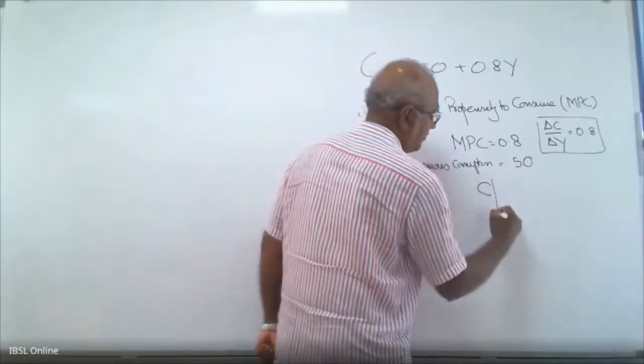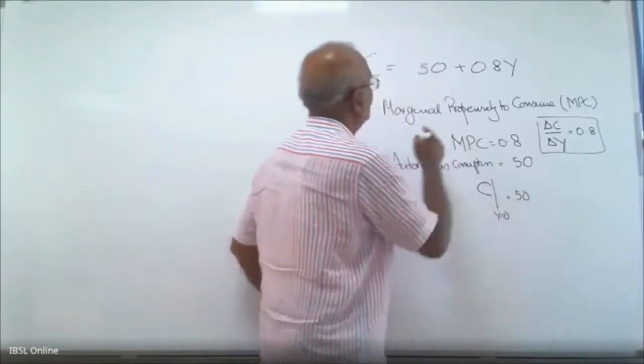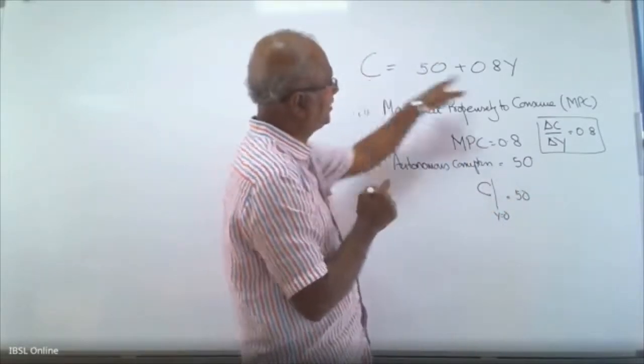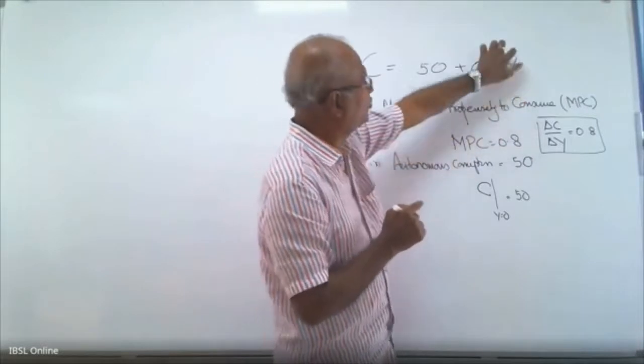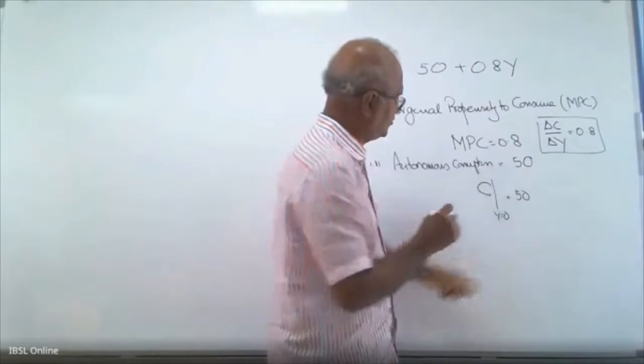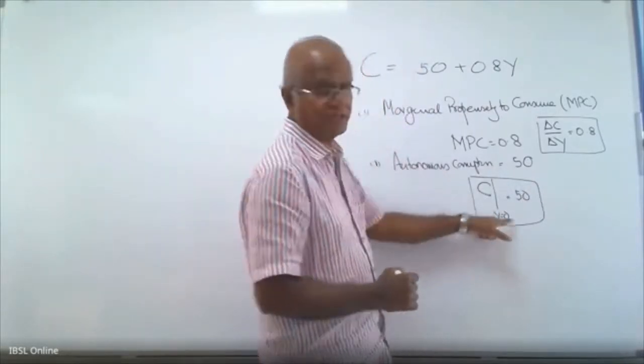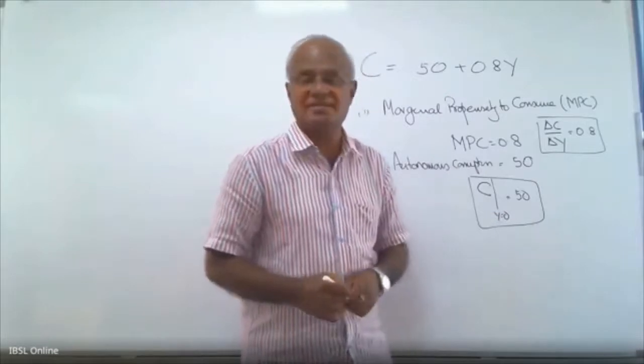Consumption when income is 0 is 50. That is called autonomous consumption.